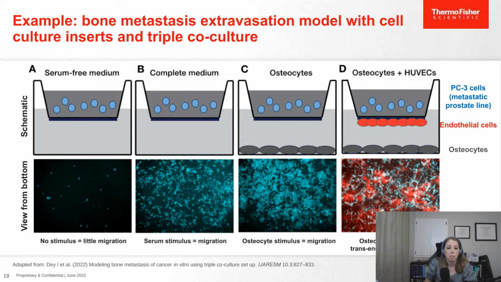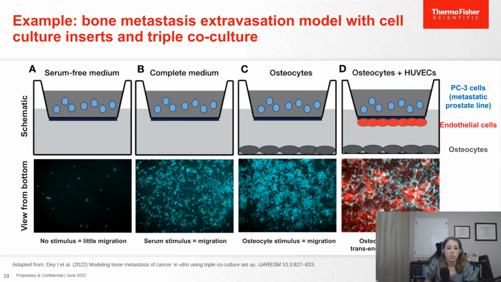Finally, in panel D, you have the full extravasation model. Endothelial cells, which are stained red, are seated on the underside of the membrane to form a barrier representative of the wall of a blood vessel.